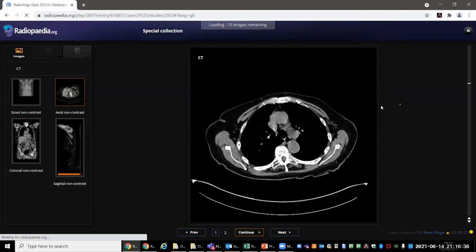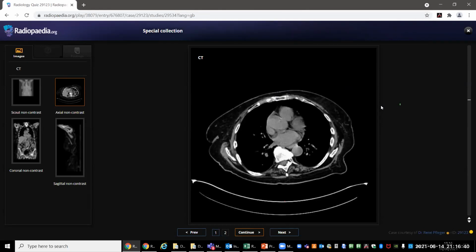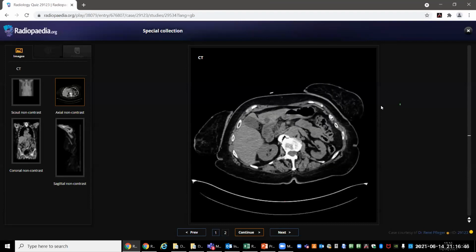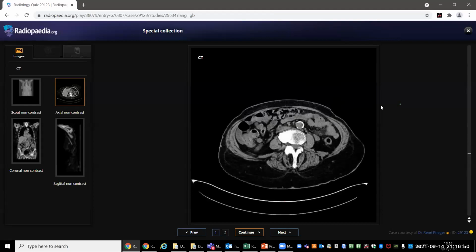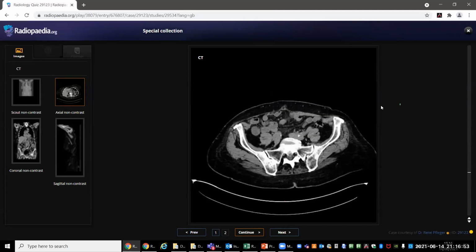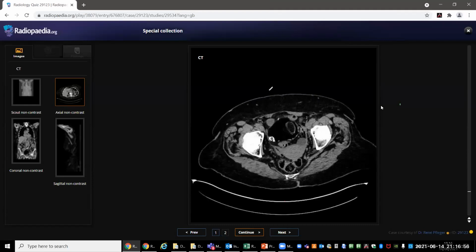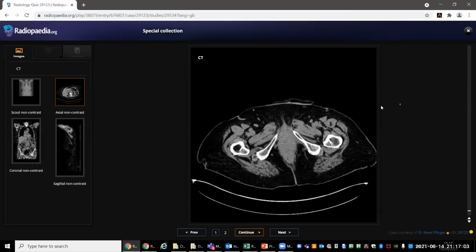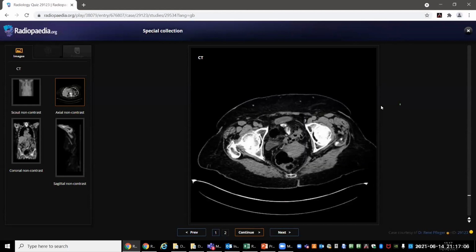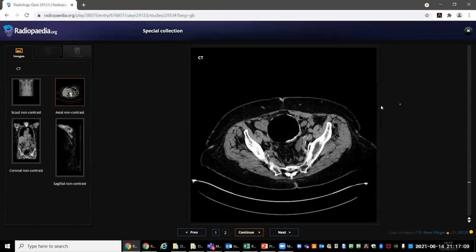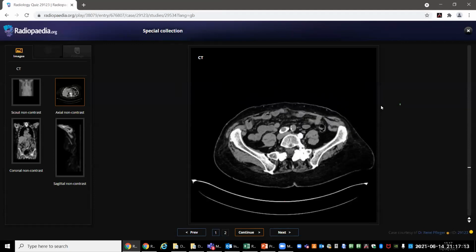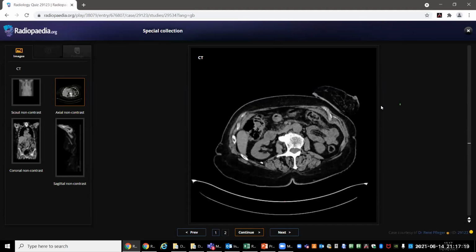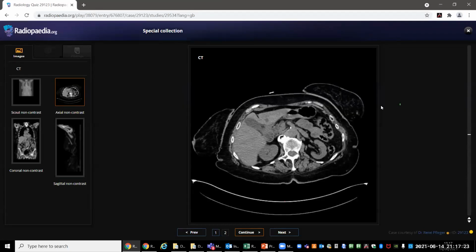So these are the axial slices, non-contrast, of the chest in mediastinal window and abdomen. Yes, I can see in the pelvis that there is a lesion, a hypodense lesion with a calcified rim and central hypodensity, and the central hypodensity seems to be fat.